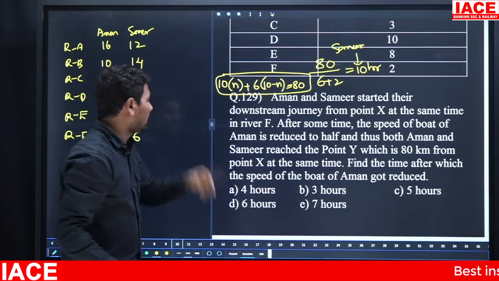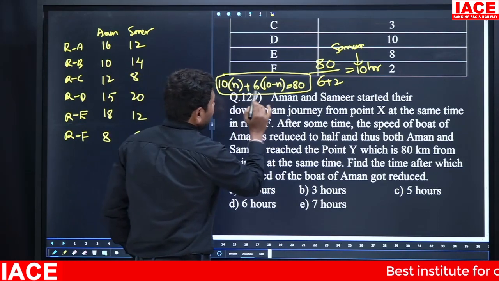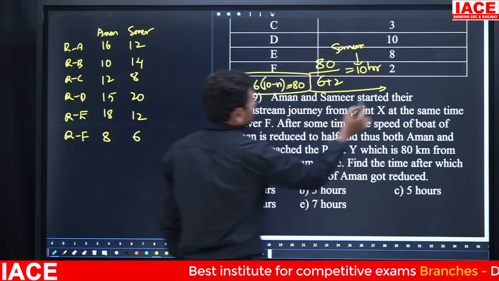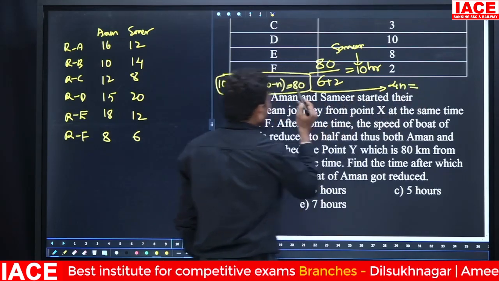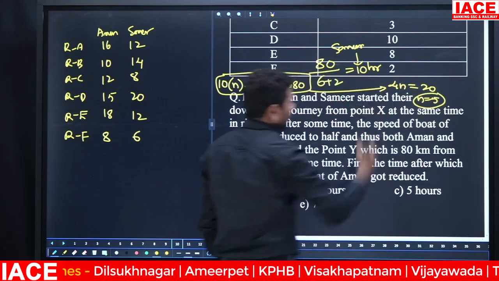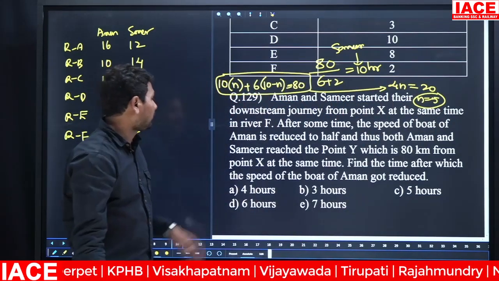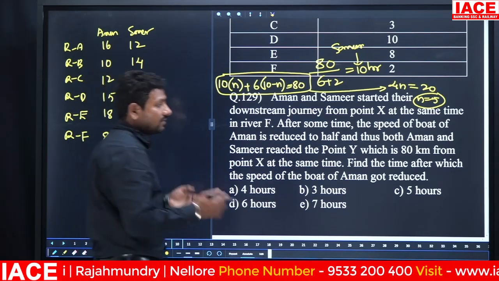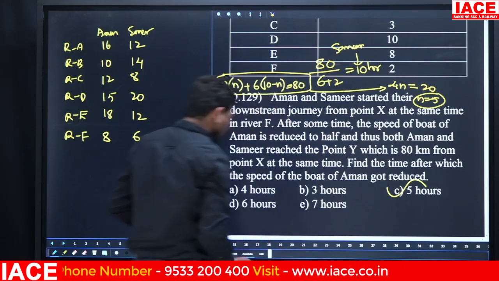Simplifying, we get 10n and 6 into 10 minus n, so 10n minus 6n is 4n, and 80 minus 60 is 20. Then n is how many hours? 5 hours. Find the time after which the speed of the boat of Aman got reduced: after 5 hours.